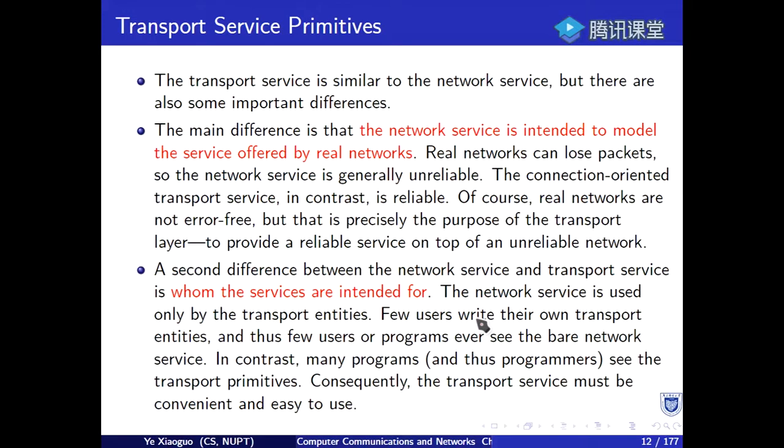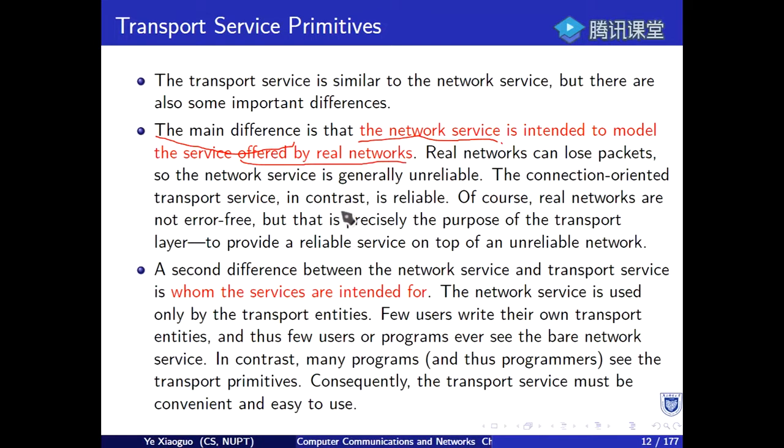Basically, the transport service is different from the network service, although they are similar to each other. The main difference is that the network service is intended to model the service offered by real networks.